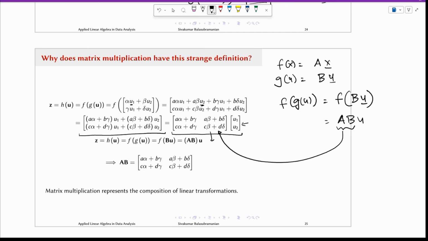And that matrix AB is essentially given by this. That means when you do a matrix multiplication operation, all you're doing is a composition of linear transformations. You're saying, I first do the B operation, I take the result, and then I do the A operation.